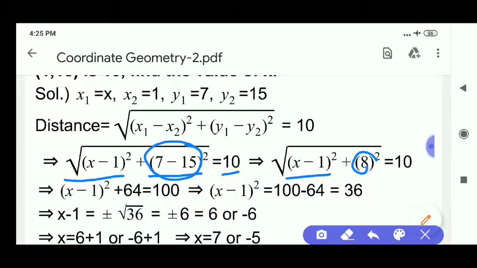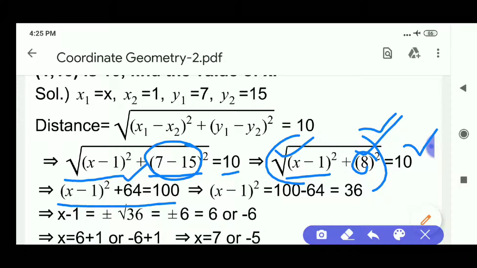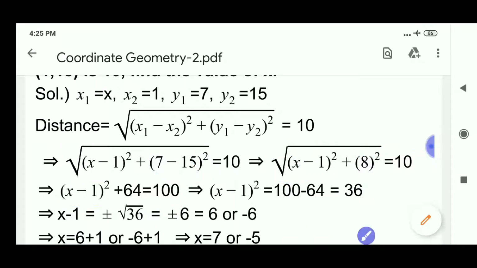Minus 8 whole square and plus 8 whole square are the same. In the next step, squaring both sides, on the left side the root will be cancelled and it becomes (x minus 1) whole square plus 8 square, which is 64, equal to 10 square, which is 100.